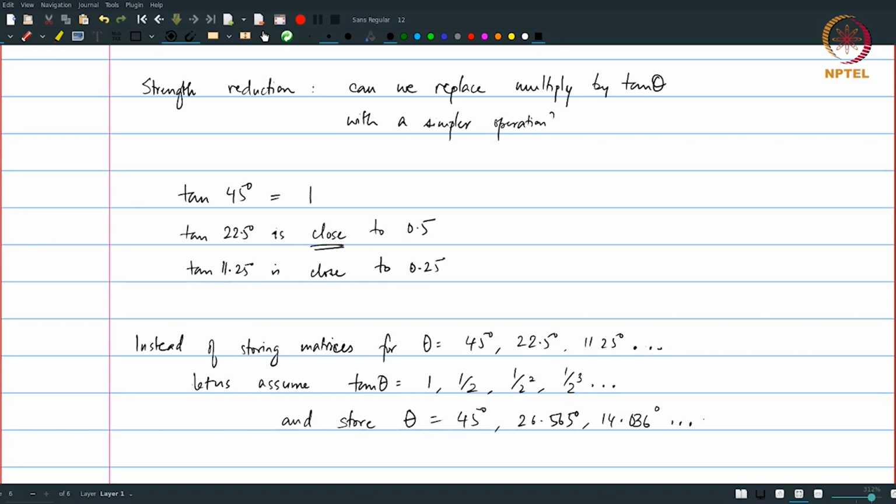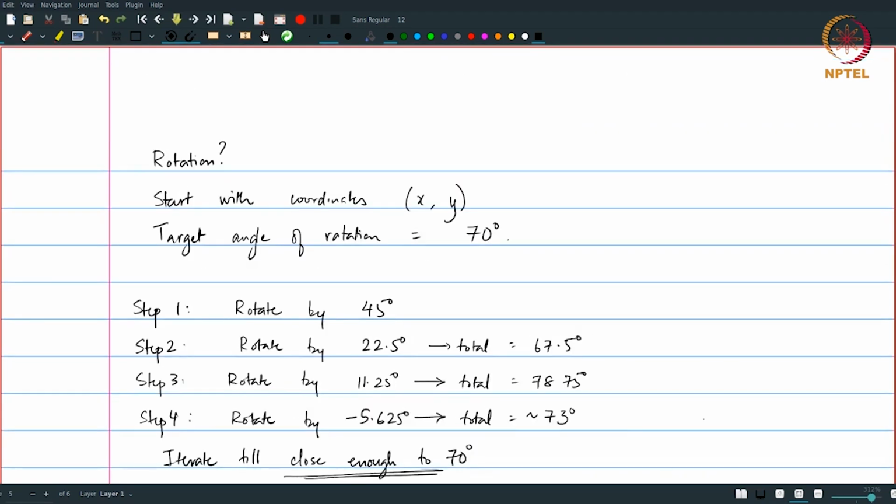So what would this actually mean? That in the rotations that I described over here, I would still say fine, rotate by 45 degrees in the first case, but the second time around I would rotate by 26.565 degrees, rotate by 14.03 degrees and so on, right?